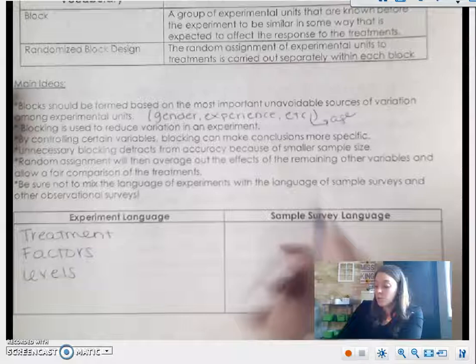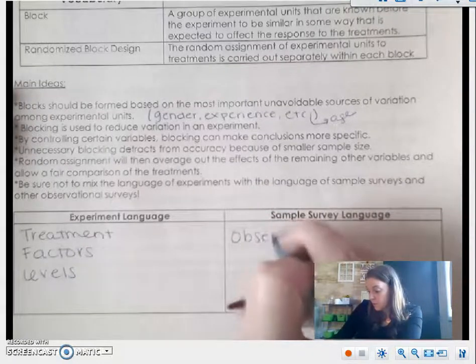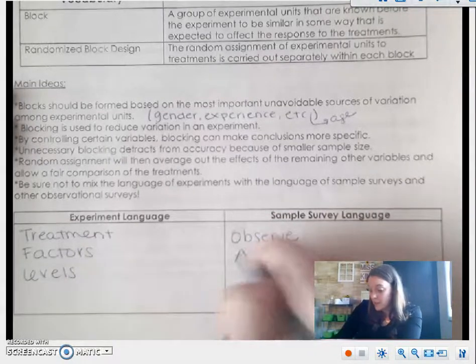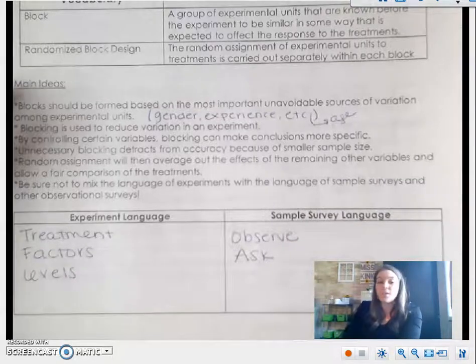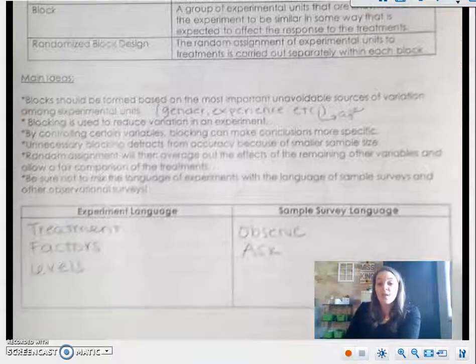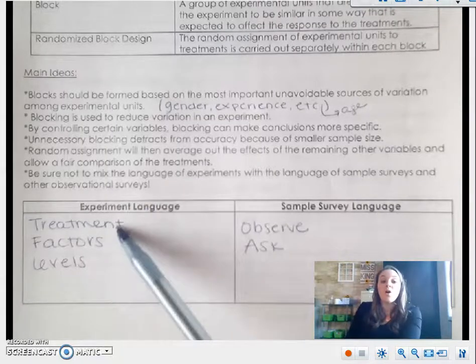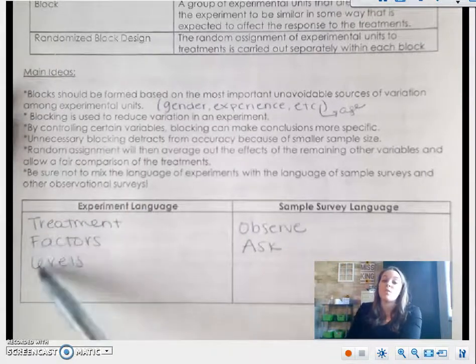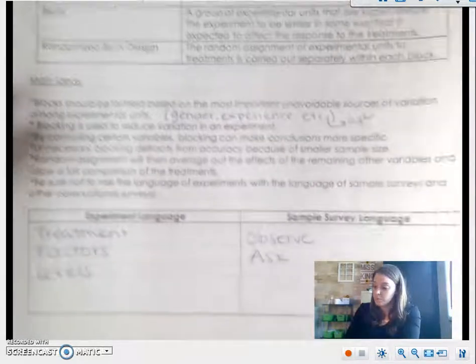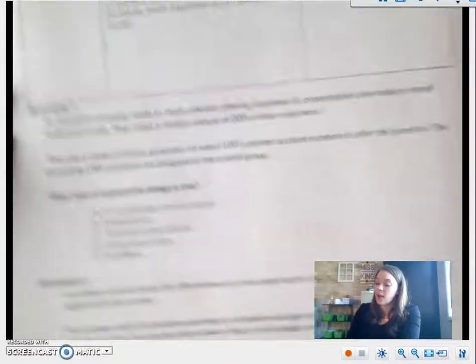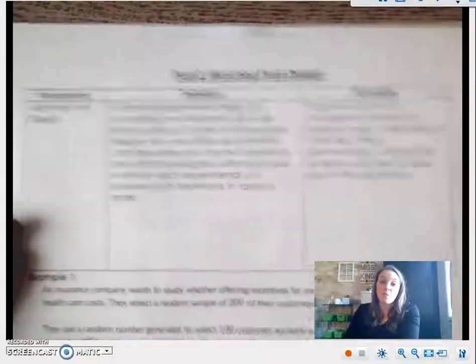Sample survey language would be observe, ask, things like that. So sample survey is just observing and asking questions, whereas in experiments, you're imposing a treatment with factors and possibly levels.